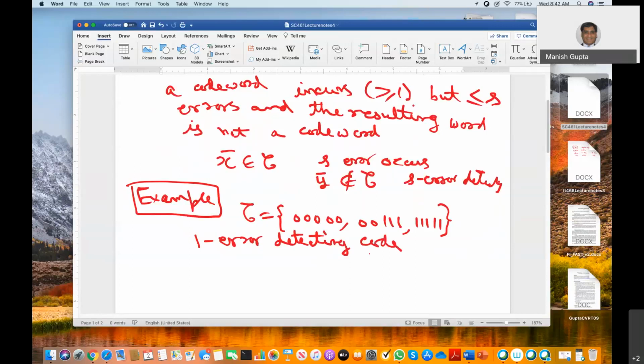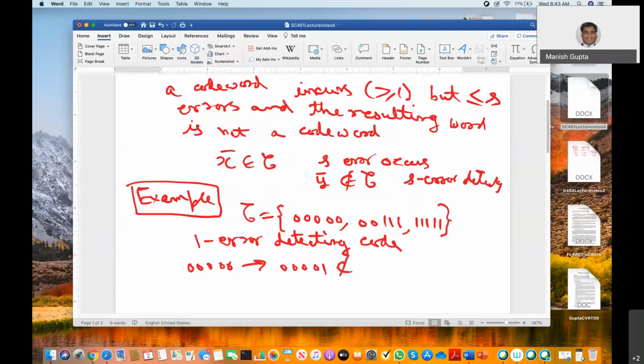Why is it one error detecting? Because if you take any code word and change it in one position, suppose I take 00000 and change it in the last position, the vector is 00001.